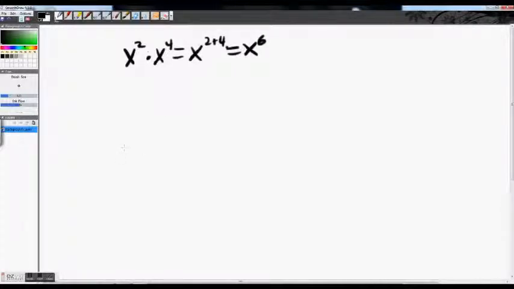Now, what happens when you take a power to another power? Well, what happens is that we multiply the exponents together.